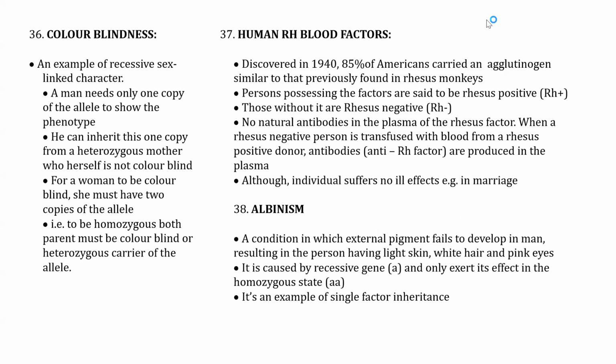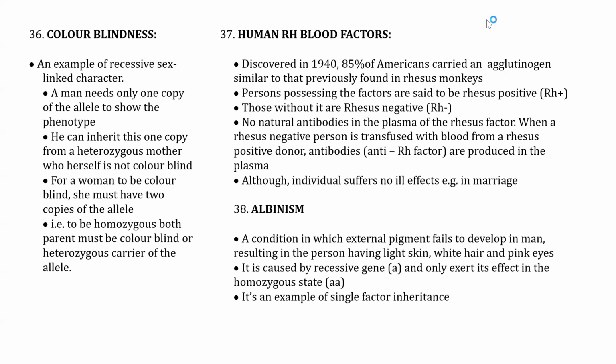So a rhesus positive person doesn't have natural antibodies. When a rhesus negative person is transfused with blood from a rhesus positive donor, Rh antibodies are produced in the plasma.